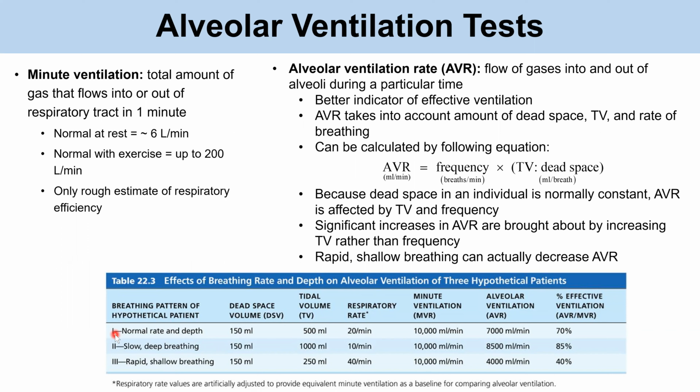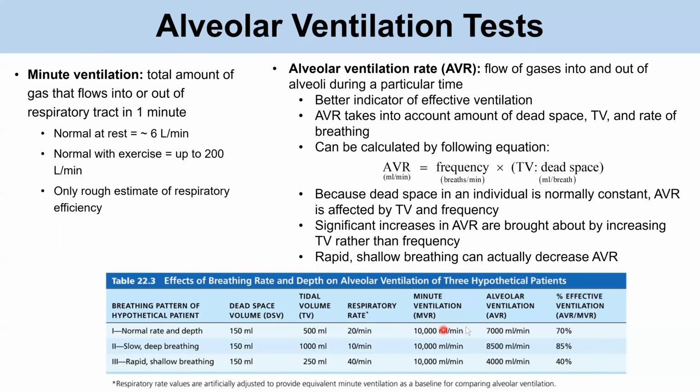So in the first patient, we have a very normal rate and a normal depth. So they have a dead space volume of 150 milliliters, and they have that very normal 500 milliliter tidal volume and a very normal respiration rate of 20 breaths per minute.